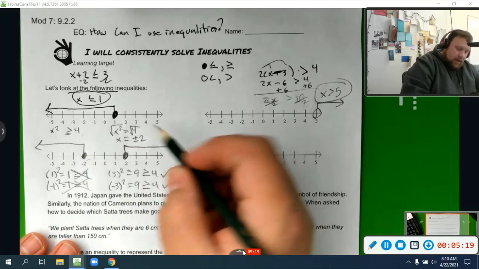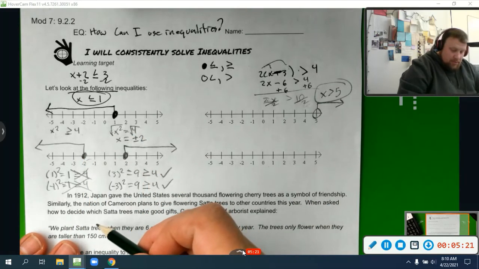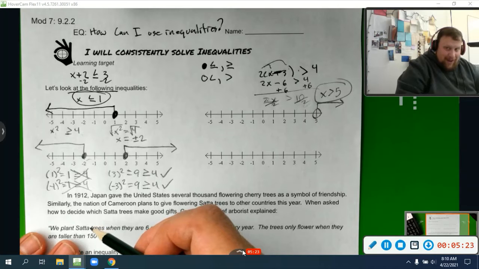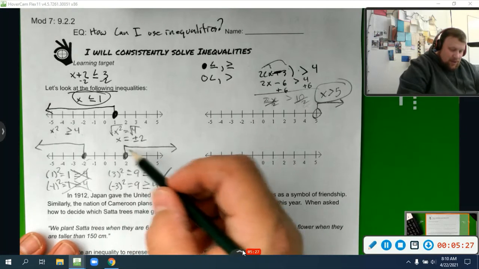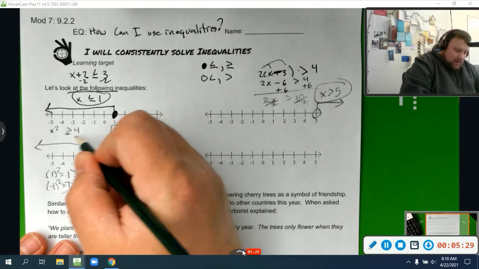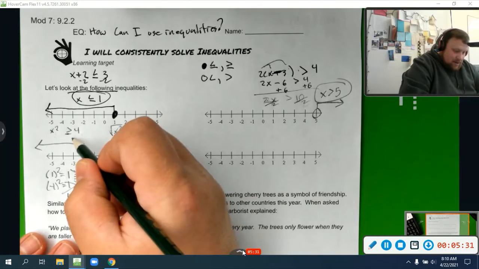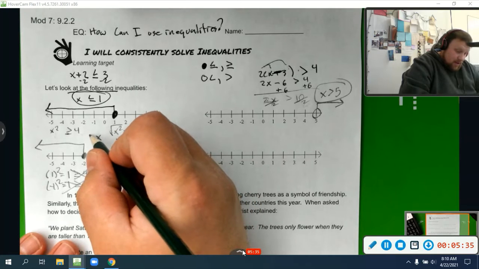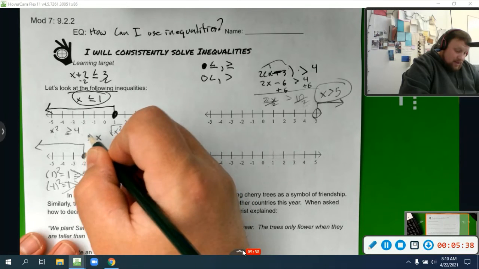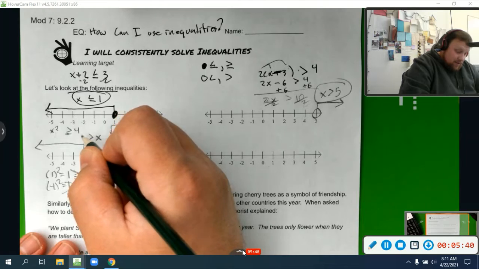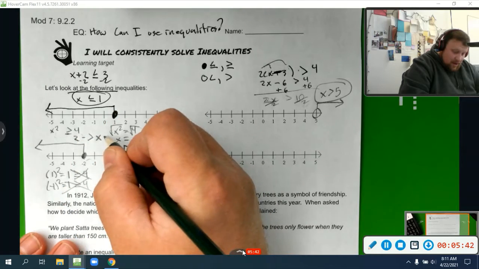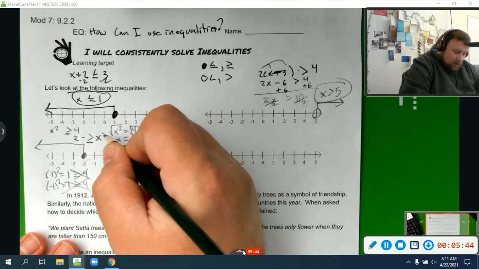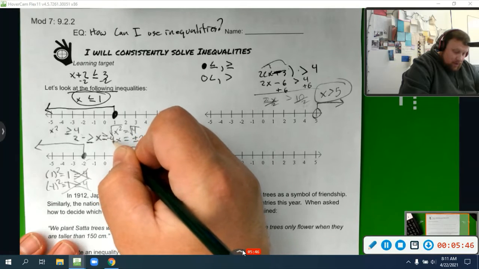Okay. Well, again, same thing. We do the square root. But when we do that, we're going to set up 2 boundaries, right? How I would draw this is x in the middle. x is less than or equal to -2, and greater than or equal to +2, excuse me, +2.